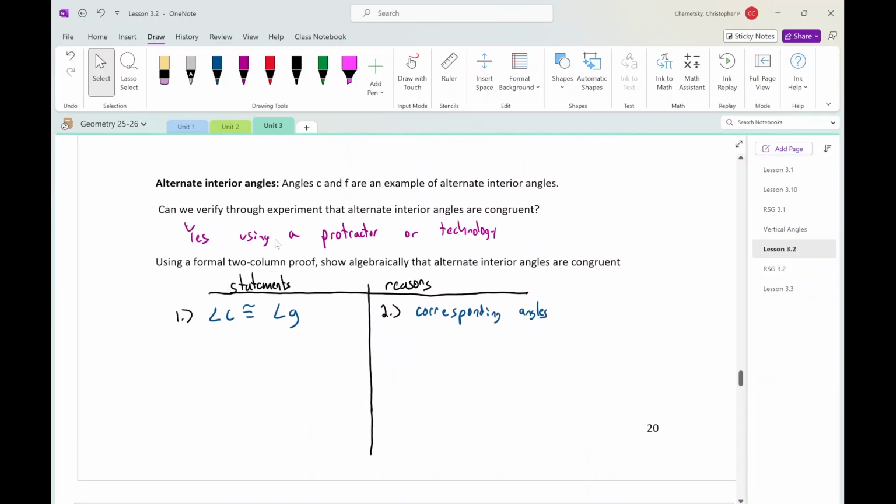So statement 2: angle G is congruent to angle F. Those are vertical angles.